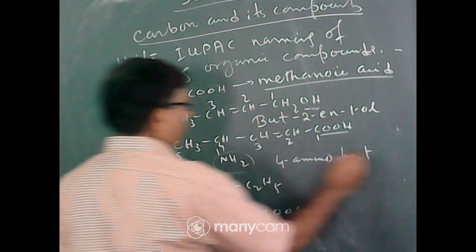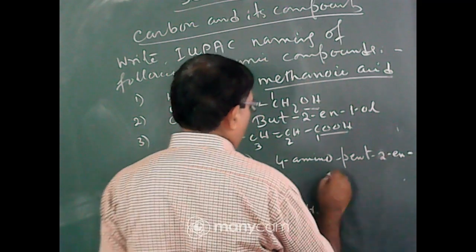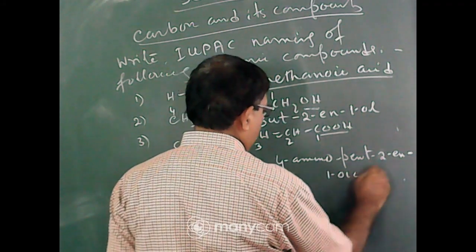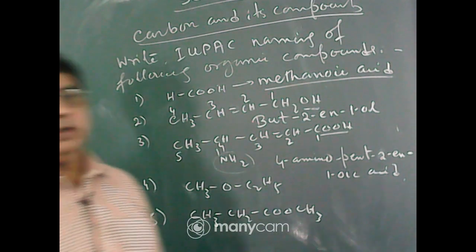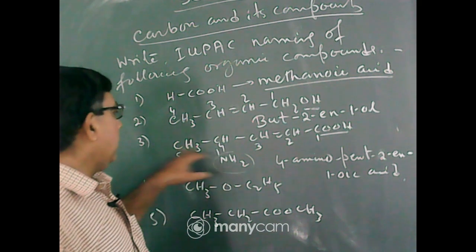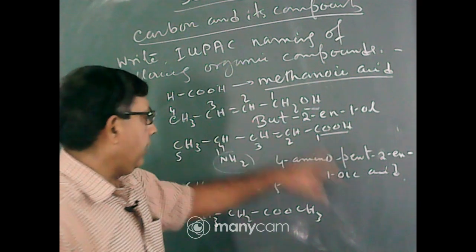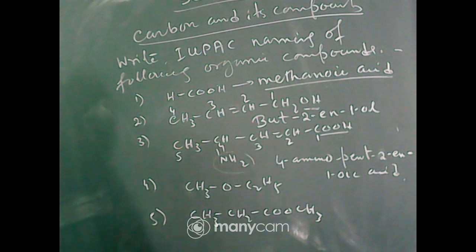Now at 2 a double bond, so pent-2-en, and at 1 oic acid. So 4-amino-pent-2-en-1-oic acid.